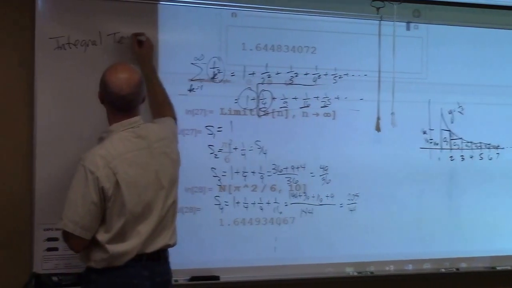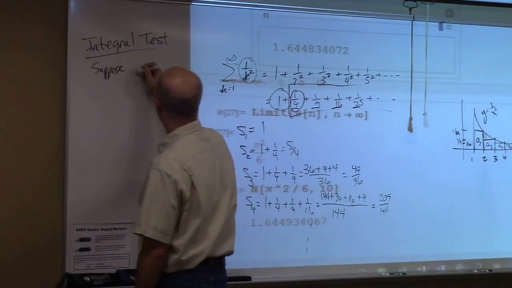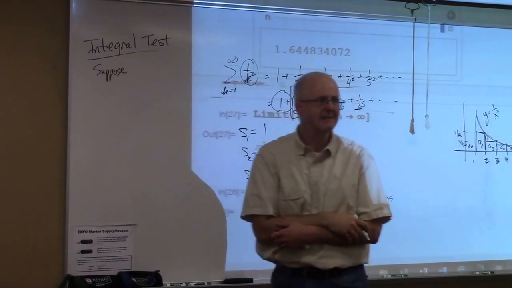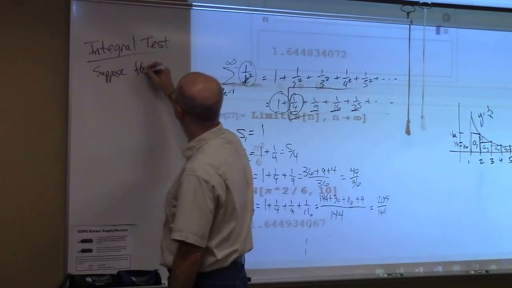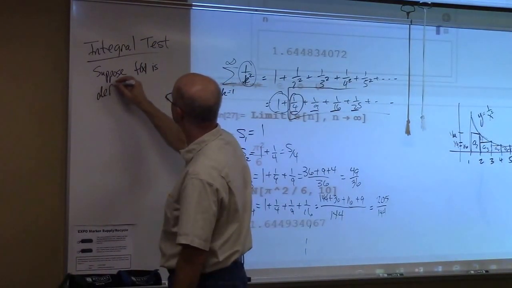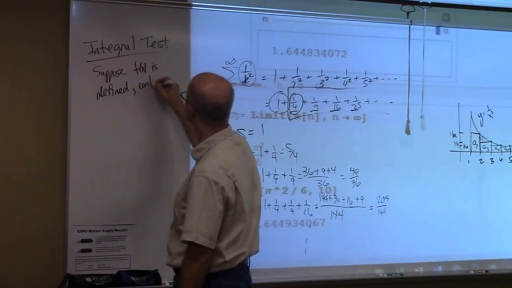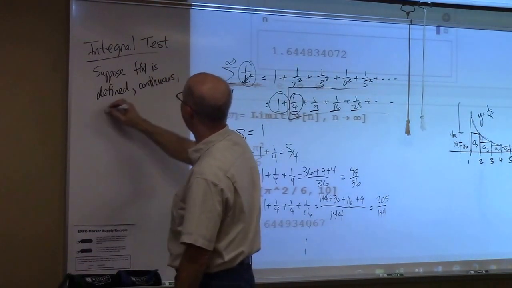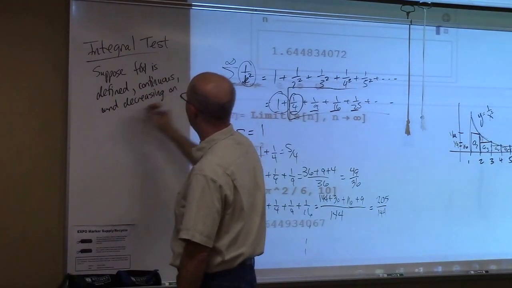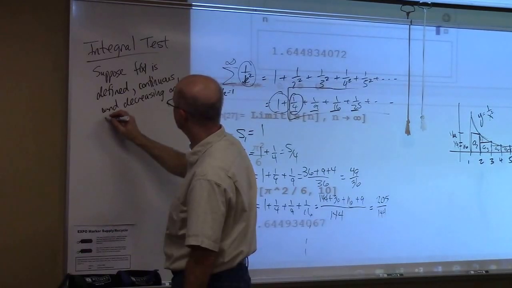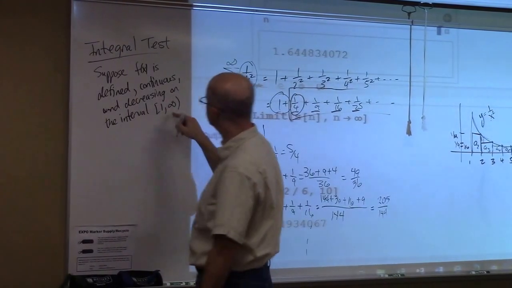It says, suppose f of x is defined, continuous, and decreasing on, let's just make it a specific interval here, the interval from 1 to infinity. Have you seen this notation before?